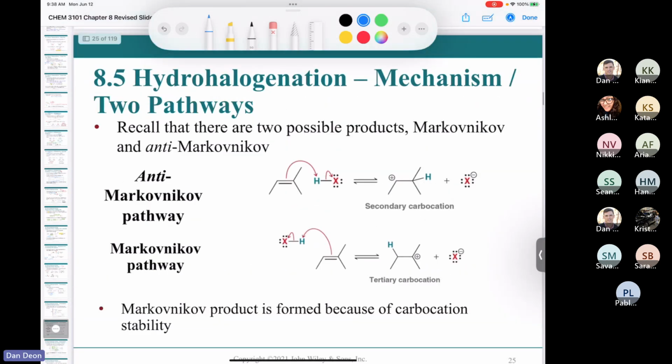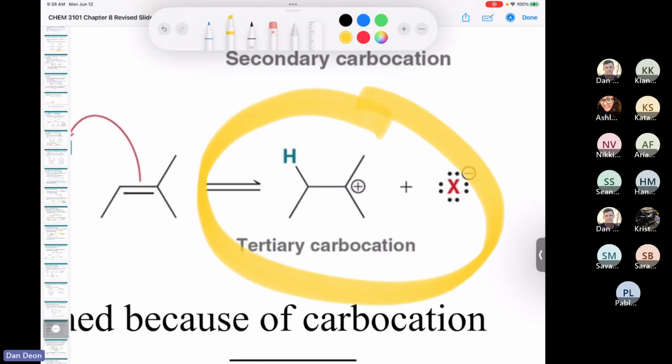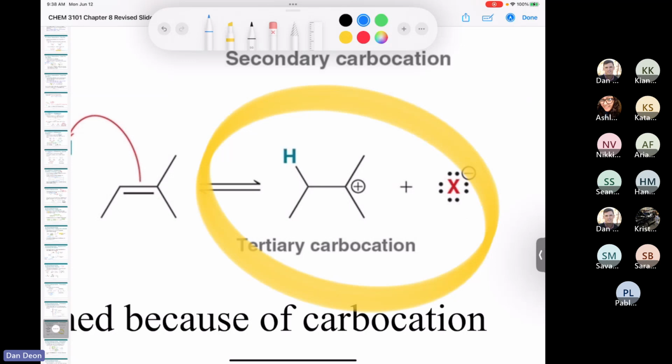If we go back here and we look at a carbocation like this one here, and this is just me quizzing you, could anybody tell me what's the hybridization of a carbocation? Let's just review. What's the hybridization of this carbon? It's going to be sp something.